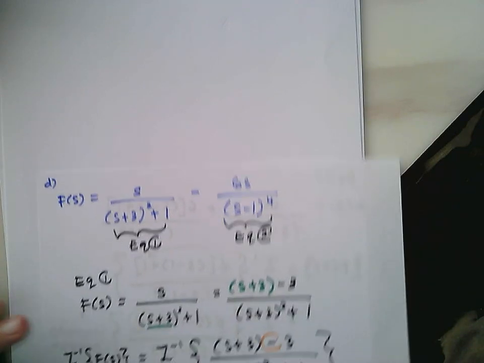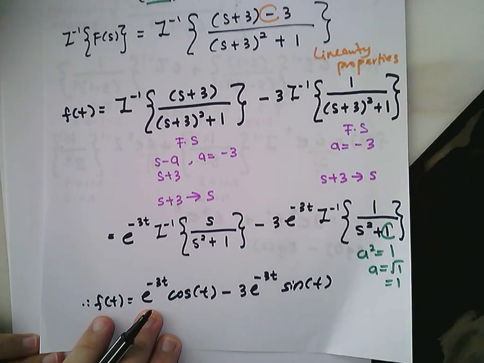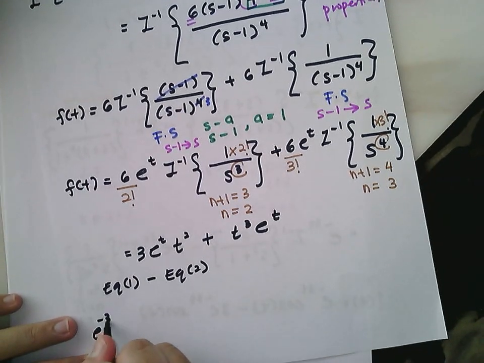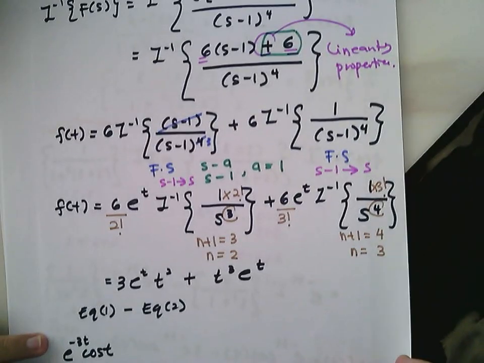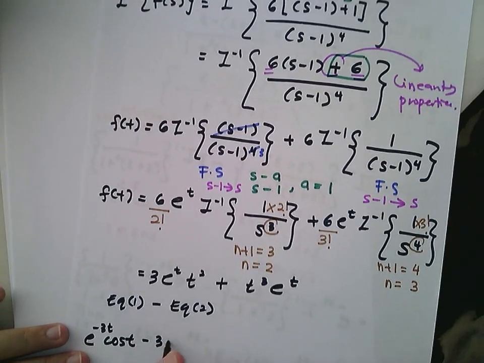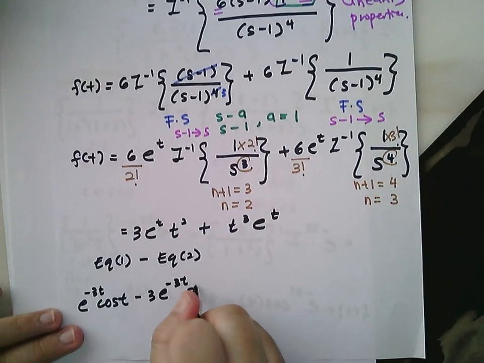Okay, so what is the first function? e^(-3t) cos t minus 3 e^(-3t) sin t.